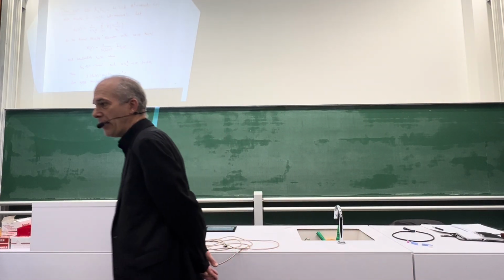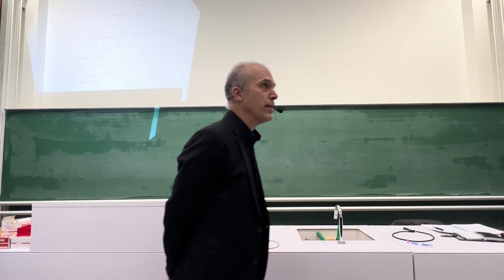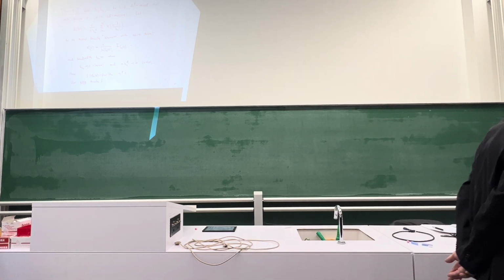So you have IID random variables X1, X2, and so on, and they have a density f with respect to the Lebesgue-Borel measure. You let f_n(x) be the kernel density estimate applied to the sample X1 to Xn.